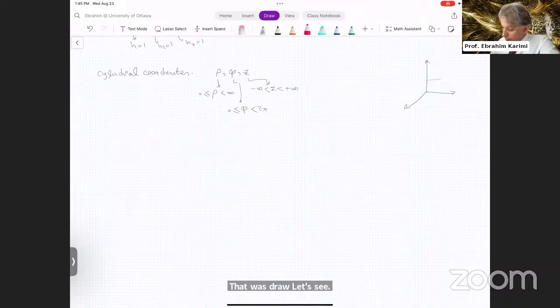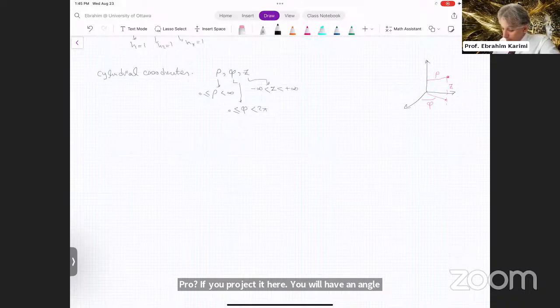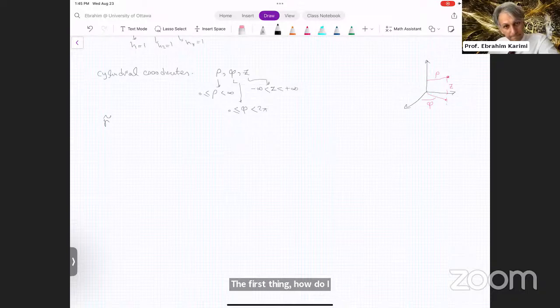that is rho. If you project it here, you will have an angle which I call phi, and this distance is z. The first thing: how do I write r? How can I find r?